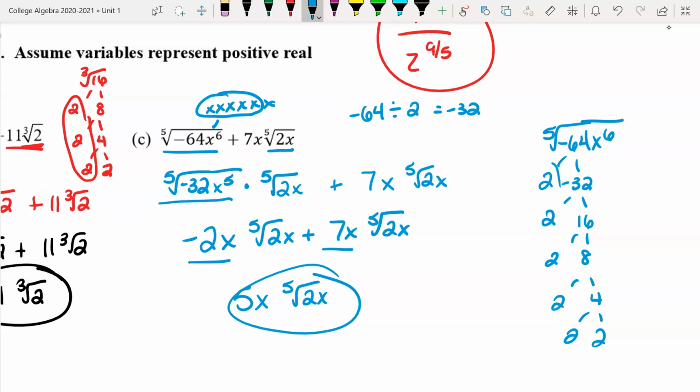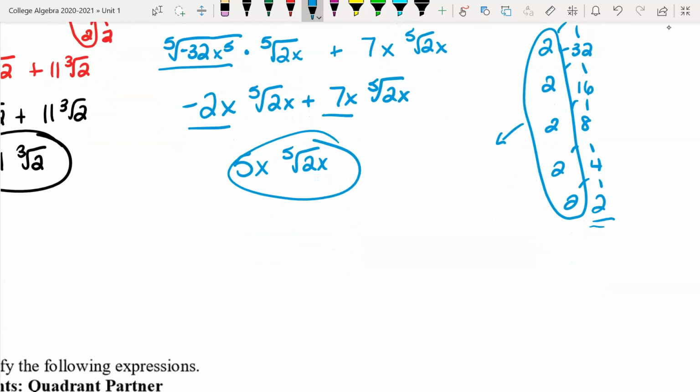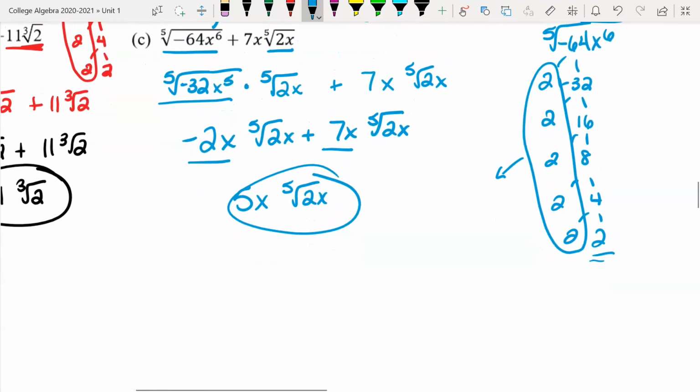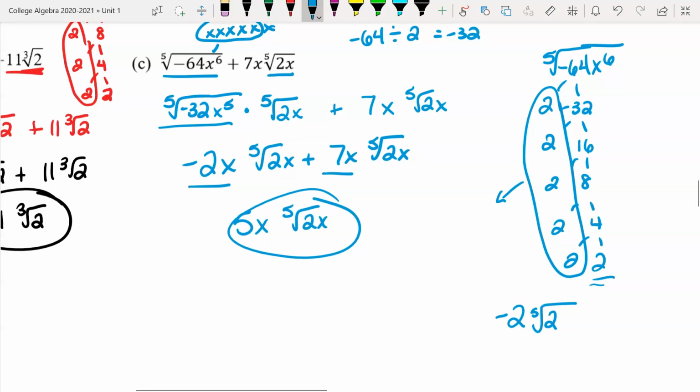You see how there's 5 2's here? So that's what I'm going to pull out, that 1, 2. I have 1, 2 left over. Just be careful, there is a negative sign in front, so I'm going to also pull out a negative. And I have fifth root of 2 left over. You have 6 x's. I can make one group of 5, so that's why I pull out an x as well, and I have 1 x left over.